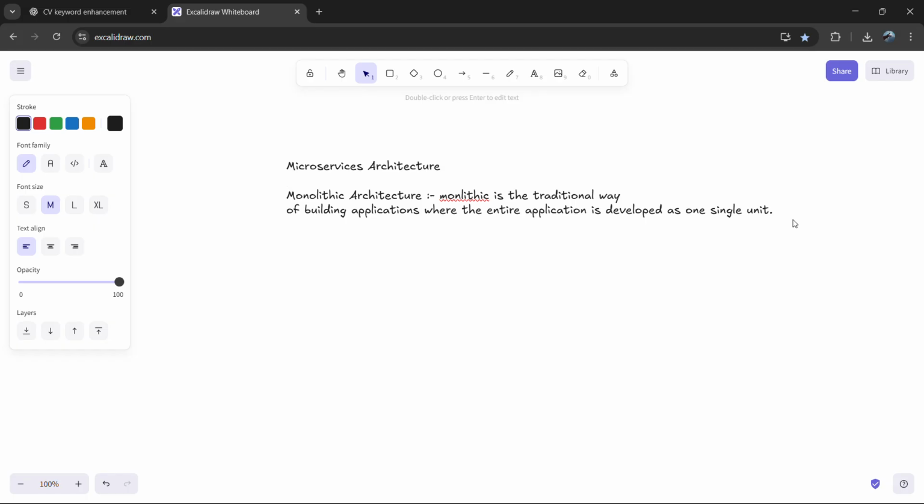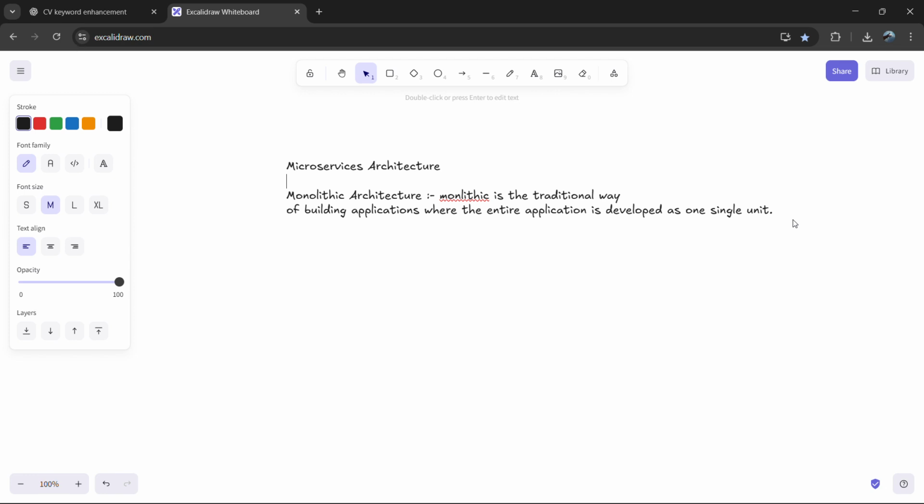However, as the application grows, monolithic architecture shows many problems. The codebase becomes very large, making it difficult for developers to understand and maintain the code. A small change in one part can affect the whole application and may require redeploying the entire system. Scaling is also difficult because you cannot scale just one feature, only the whole system.